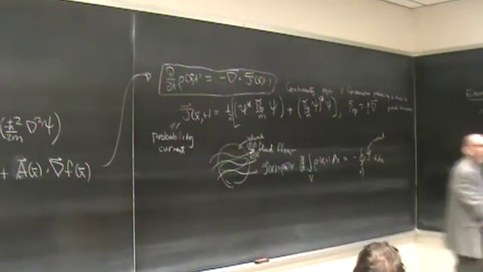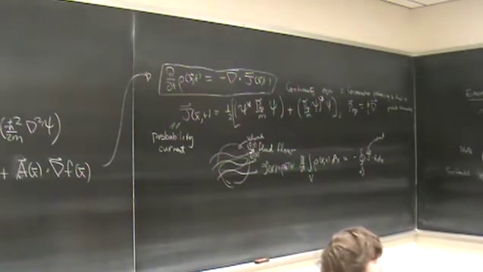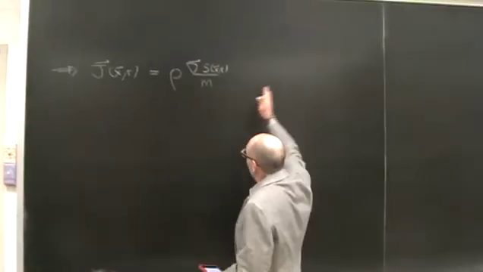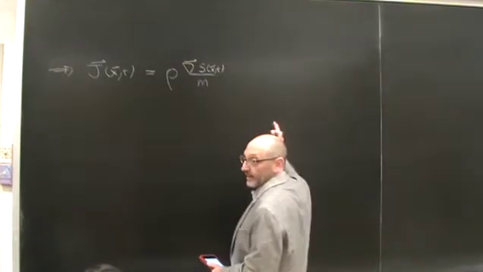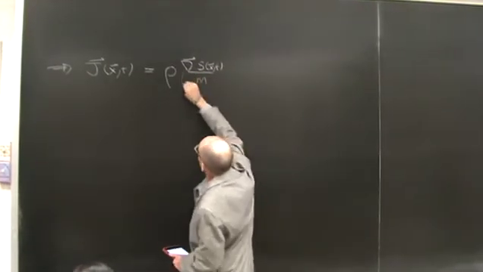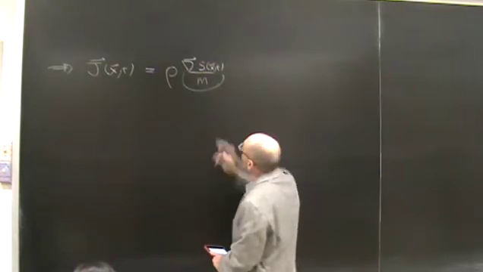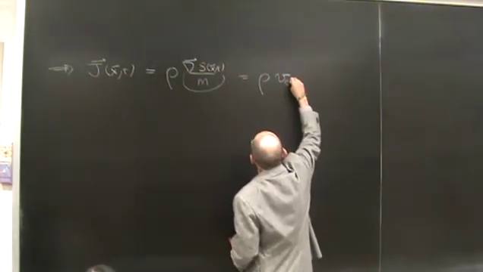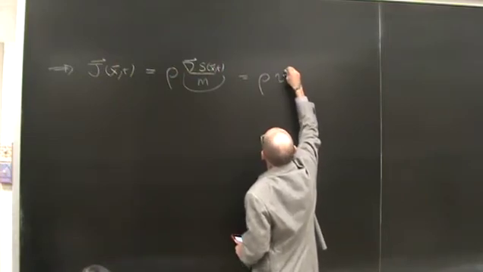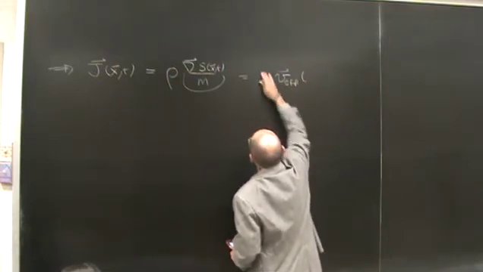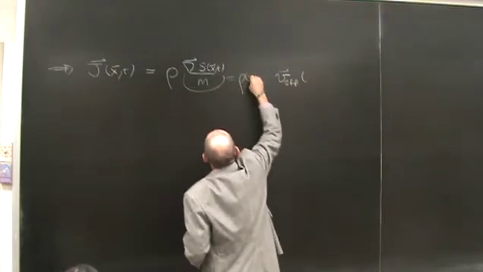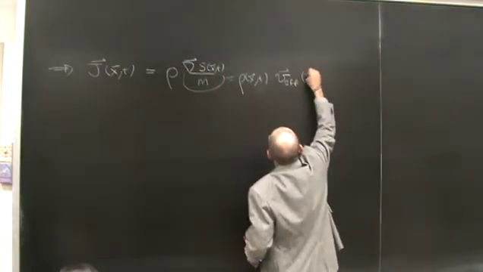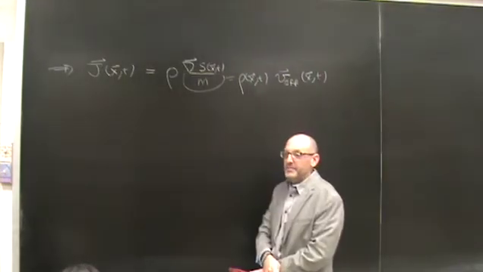Okay. So, what this tells me is the following: the local probability is flowing with a local velocity. This is the effective local velocity at that position.